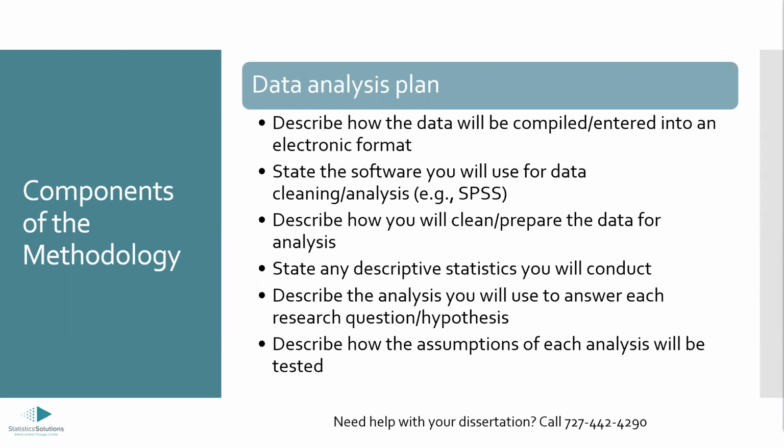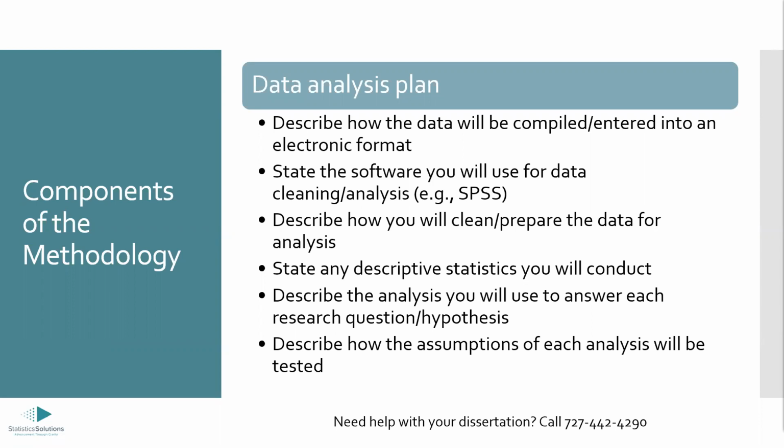You'll also want to make sure you check the data for accuracy and eligibility. So if you have specific inclusion criteria for your data, you'll want to check and make sure that all of the participants in your data set meet those inclusion criteria based on their responses to the questions or the information that they provided.